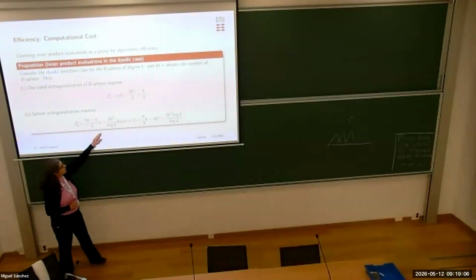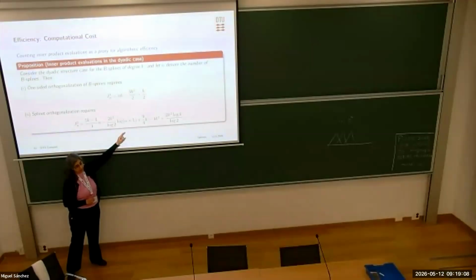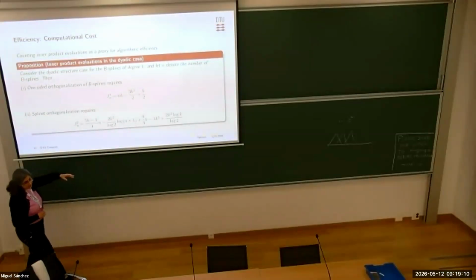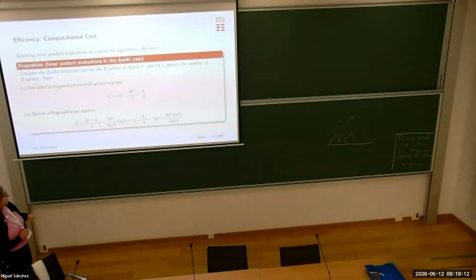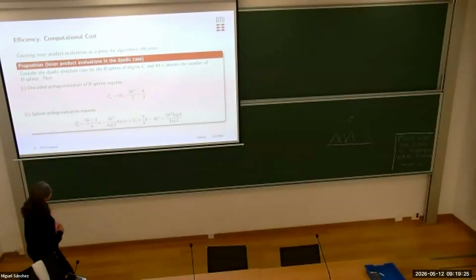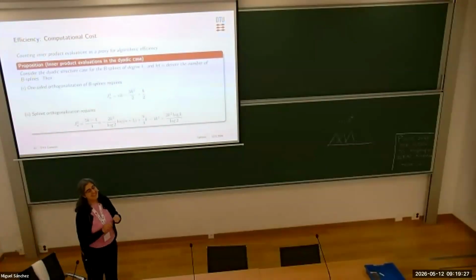Yes, but it's subtracting log of n. So for small n, yes, I agree, but the message is basically that it's not worse. Okay, it's not worse. If you buy that, good. It's not that much worse, yeah.